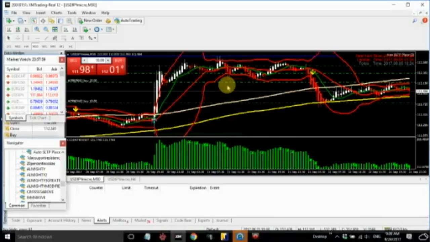Now when I apply Bollinger Band, what do you see from here when the price is touching the upper band of the Bollinger Band? It went straight back to visit the moving average period 200.